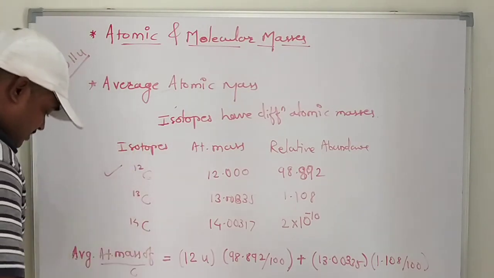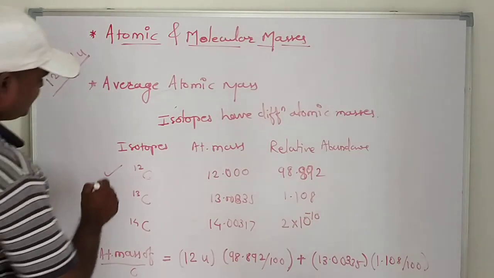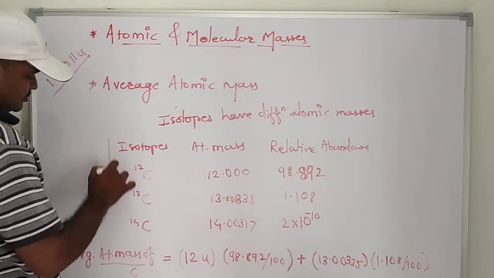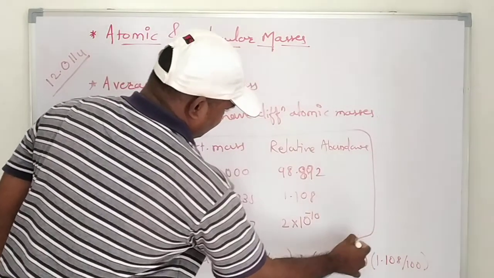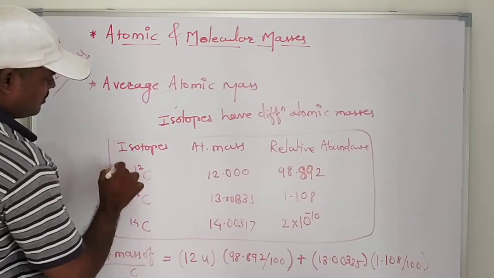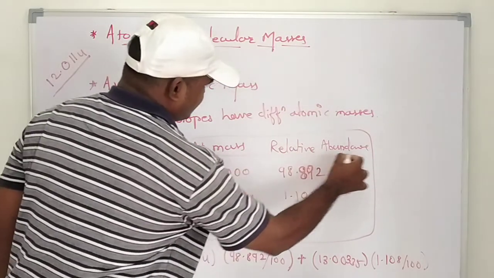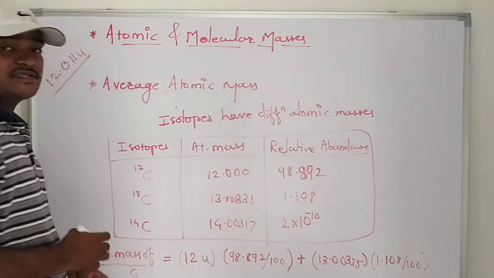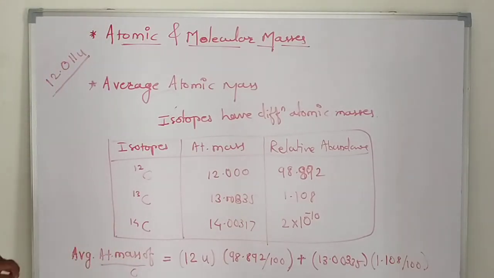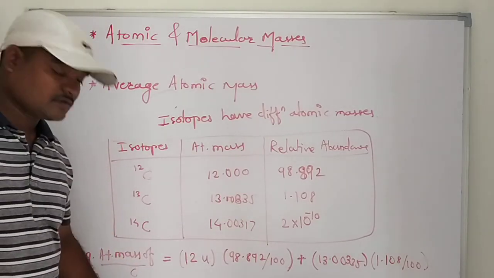So students, you have to keep in mind this table. By using this table and knowing all these values, you can calculate the average atomic mass for any element, like carbon. So this is all about our today's lecture. Thank you very much.